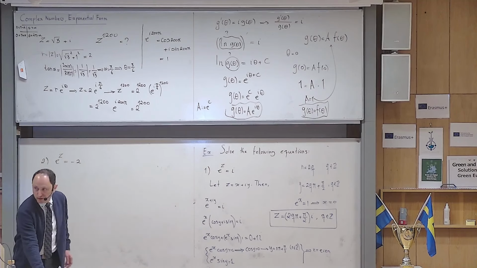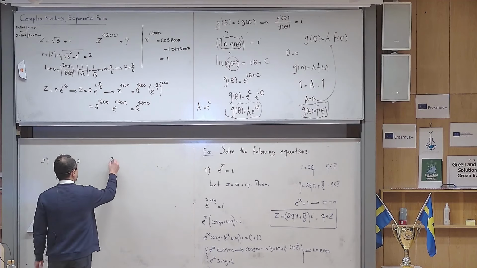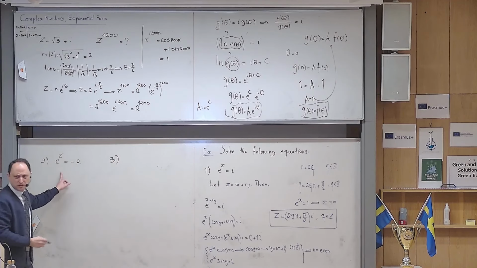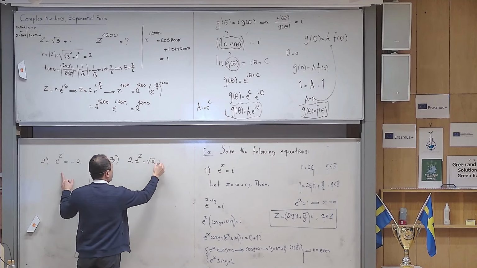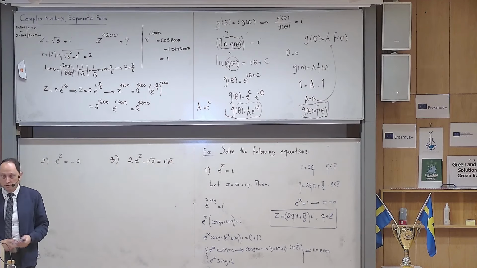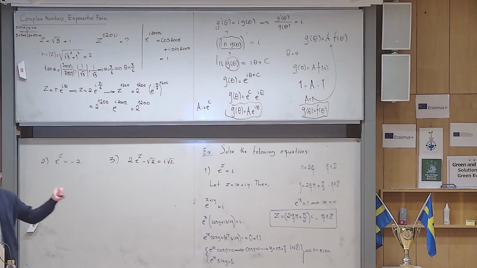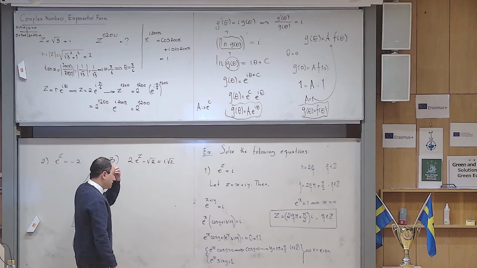So if you solve this one, there is also a good problem in the book. I will write it here, and if you finish this one, start with this: 2e to the power of z minus the square root of 2 is i square root of 2. And that's also a good problem. But again, let me tell you, they are not asking you to solve. They are asking you to find only one answer.